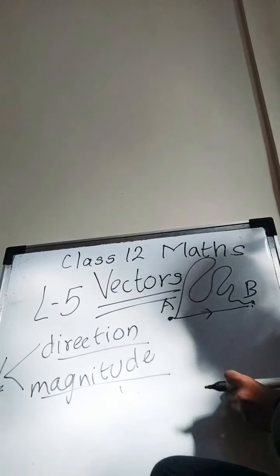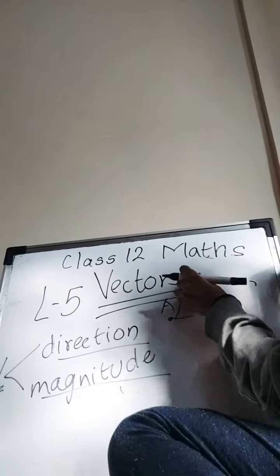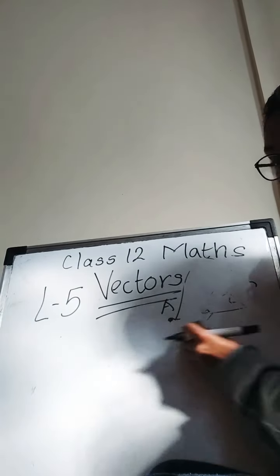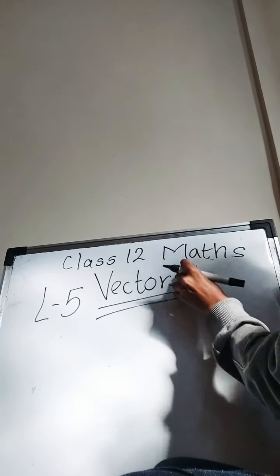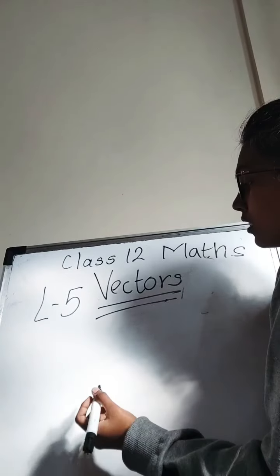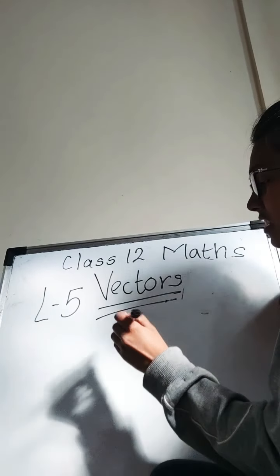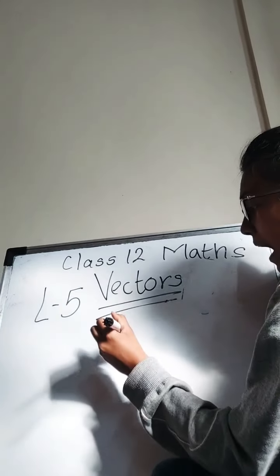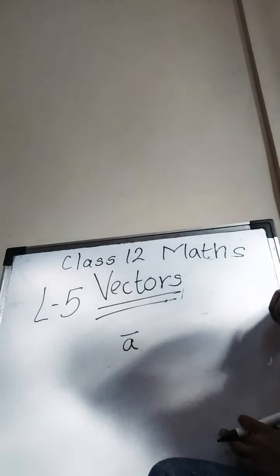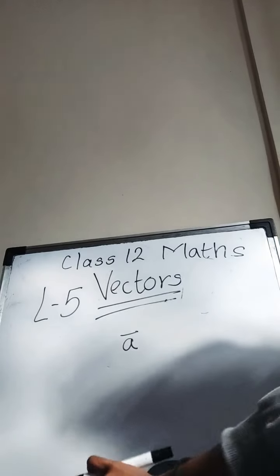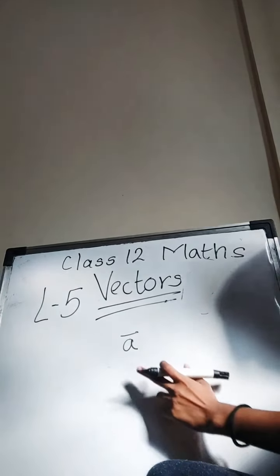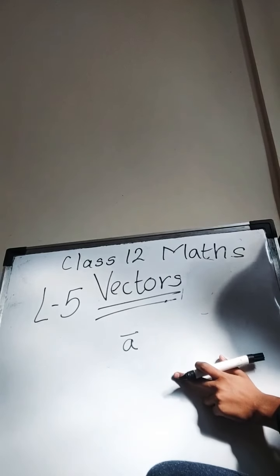Now you should also know some basics of the vectors. First one is a vector is represented by a bar above it. So if suppose I am representing a vector A, then I will write it as A bar.